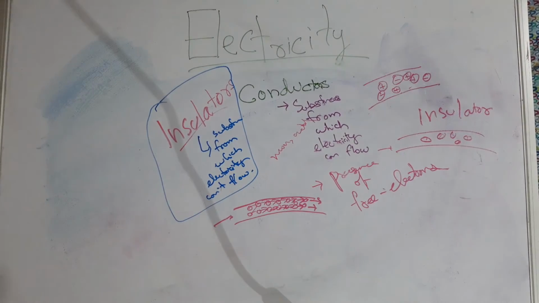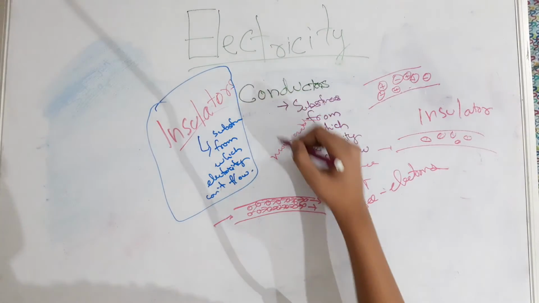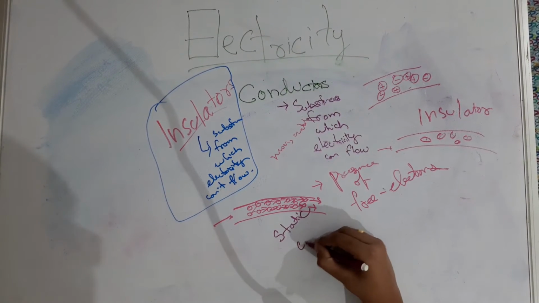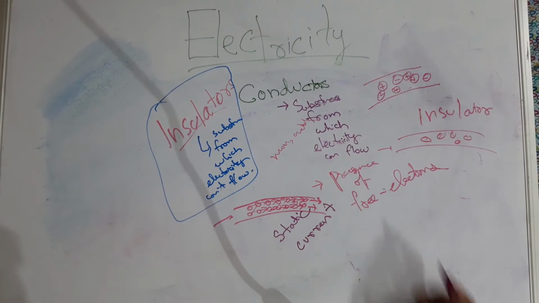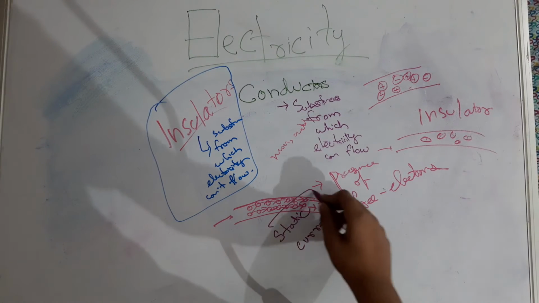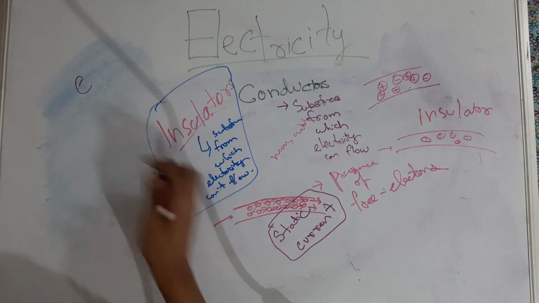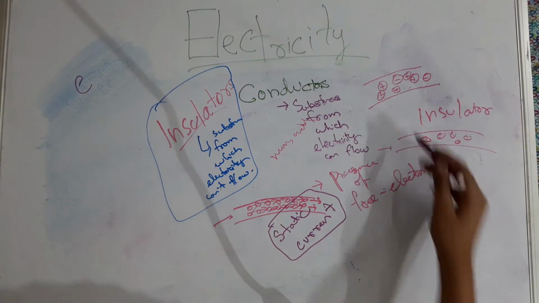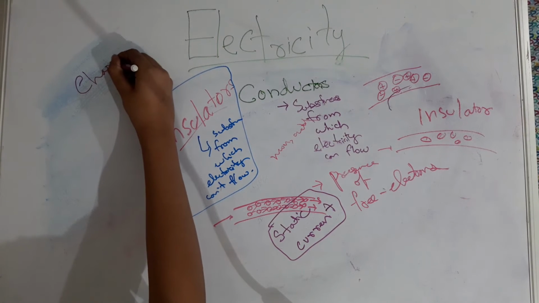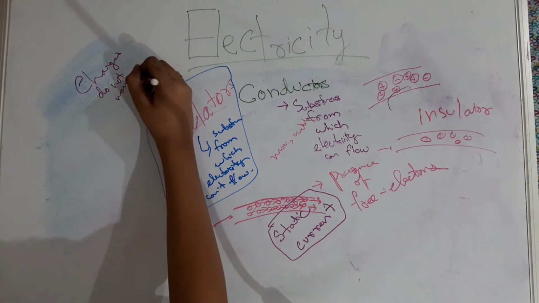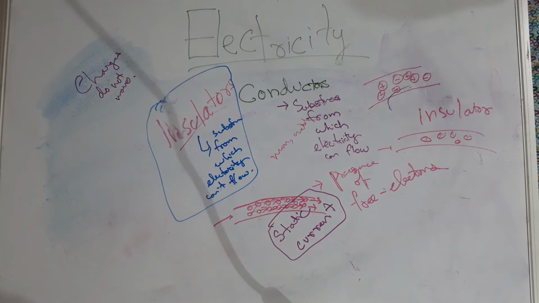Now electricity can also be classified into two parts: static electricity and current electricity. In static electricity, the charges do not move. Means the electrons or protons do not move, they remain in a fixed position.